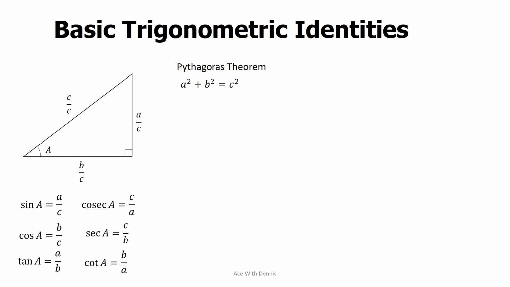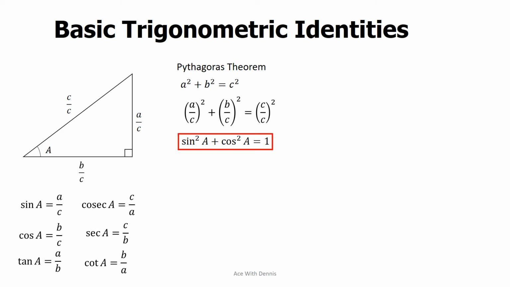So the opposite side will be a over c, the adjacent side will be b over c, and the hypotenuse will be c over c, or 1. Now we update Pythagoras theorem. It will be (a over c) squared plus (b over c) squared equals (c over c) squared, which will be sine squared A plus cosine squared A equals 1. So this is the very first formula that you need to know.